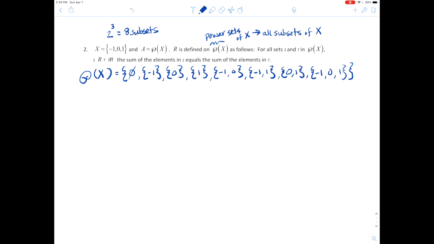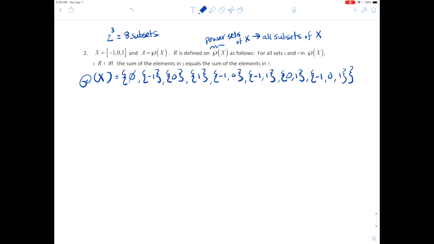So now we need to look at this relation, all right? Equivalence relation. So R is defined on the power set of X as follows. For all sets S and T, and they're purposely small capitals, in the power set of X, SRT if and only if, IFF means if and only if, the sum of the elements in S is equal to the sum of the elements in T. Cool so far?